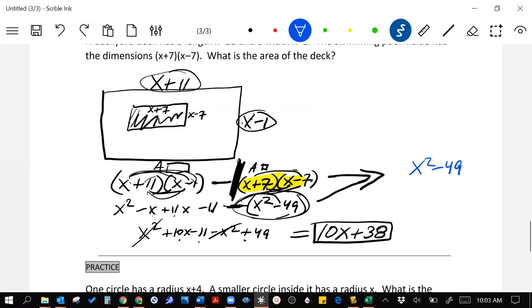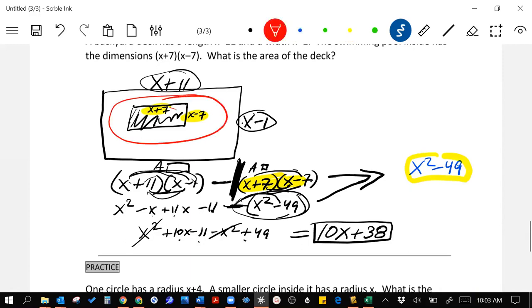I want to do x plus 7 and x minus 7. Multiply that and you get this. But because we're taking this bigger area and subtracting this one from it, we have to subtract that. And I'm doing a -1 times that to make -x squared, which is why that's there.